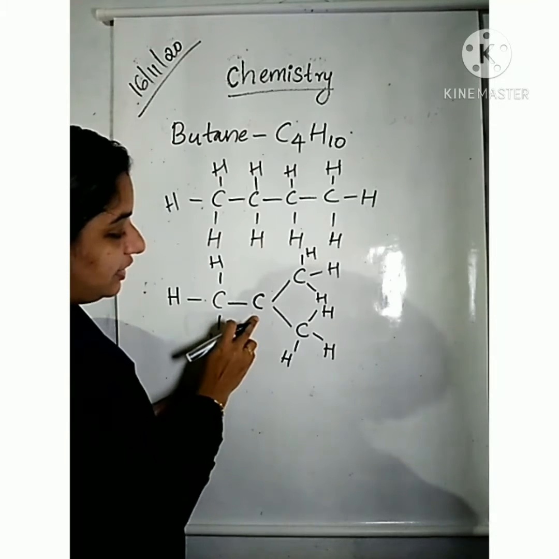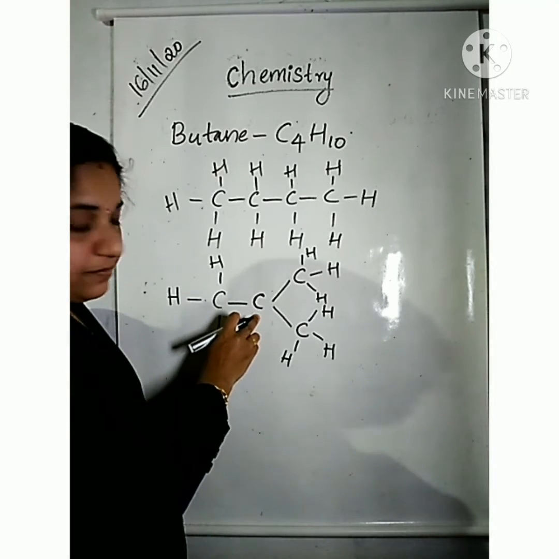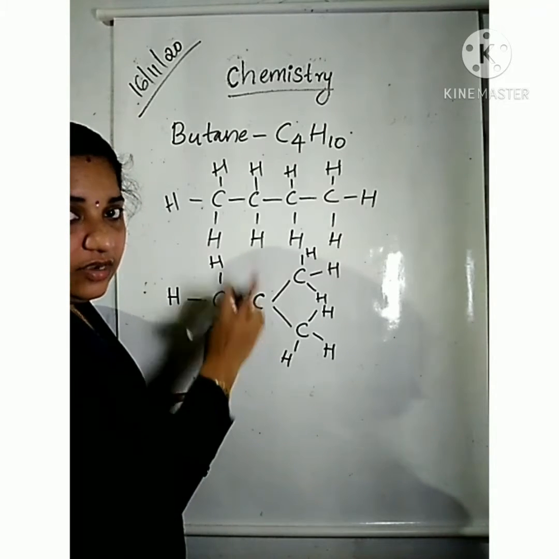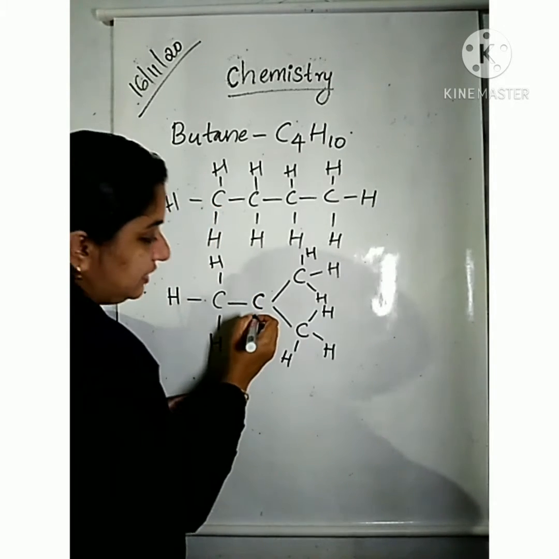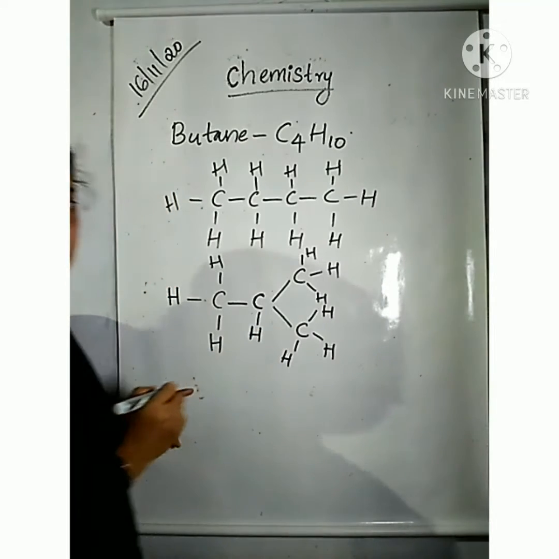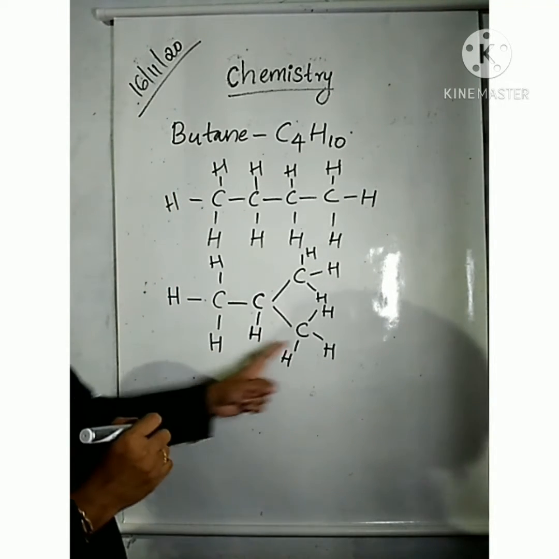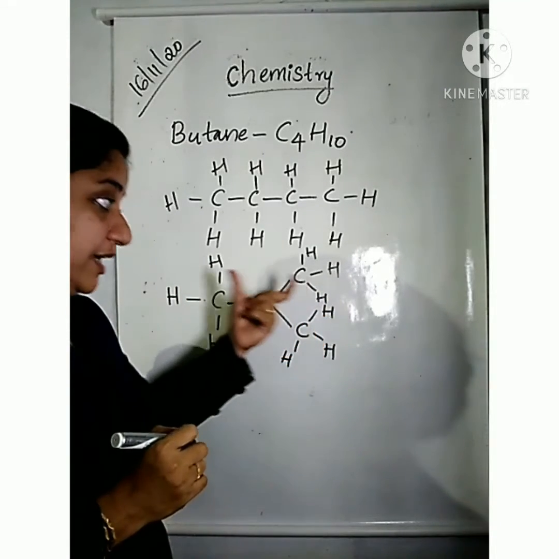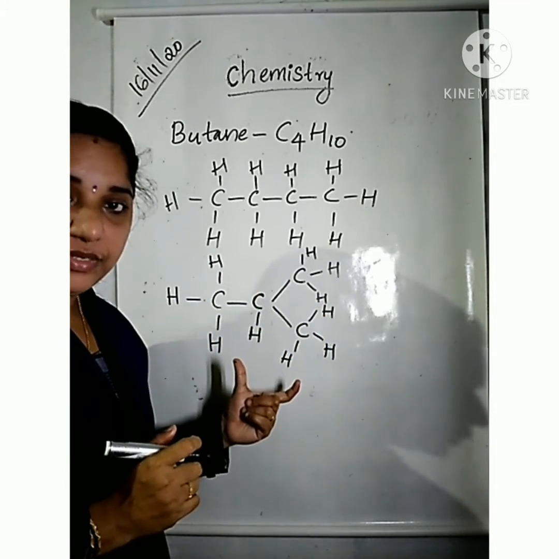Then here one carbon atom, it already satisfied 3 valencies. Only one valency is needed. So here we draw one hydrogen atom. This is the structure of butane. This is another structure of butane.